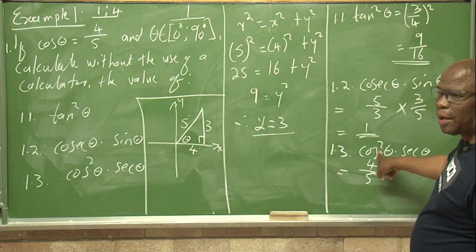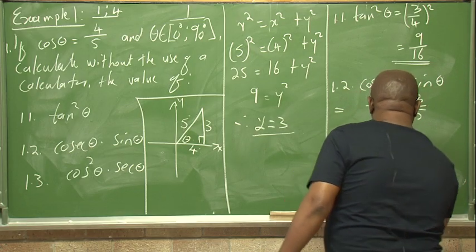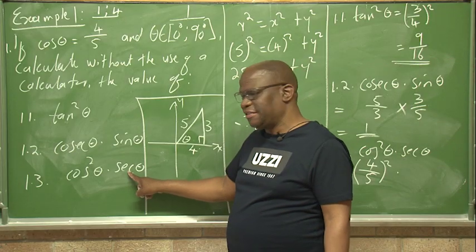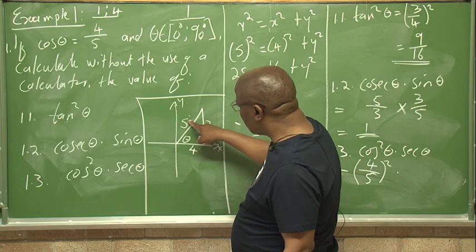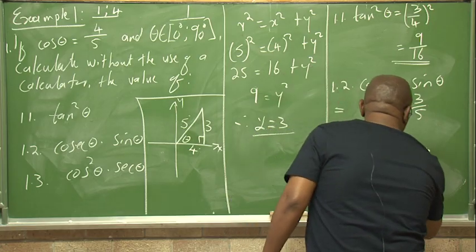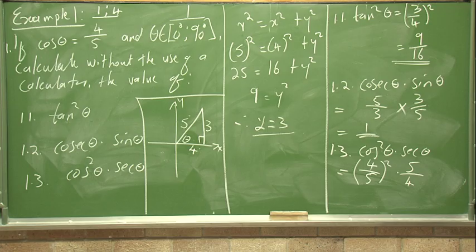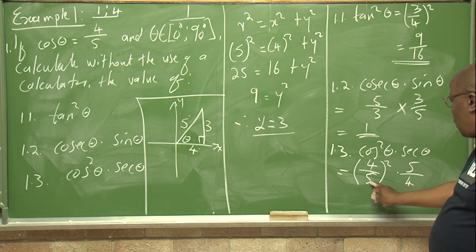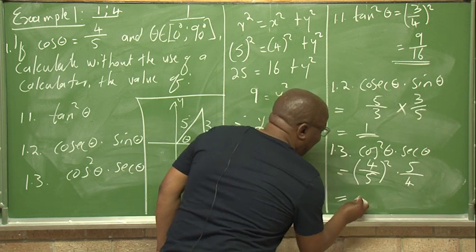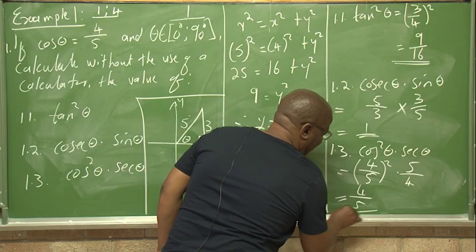This cos is squared. Because it's squared, we need to square this one. Multiply by the secant of theta. By definition, secant is defined as hypotenuse over adjacent. Now, if you multiply, I'm sure this 5 will cancel one 5 here, this 4 will cancel one there, so you'll be left with your answer as 4 over 5.